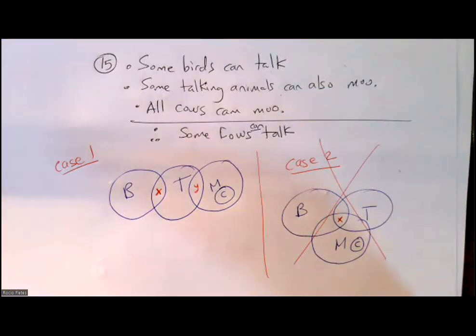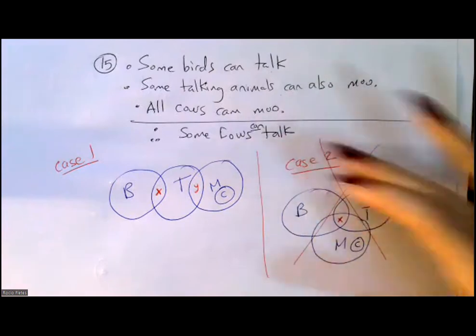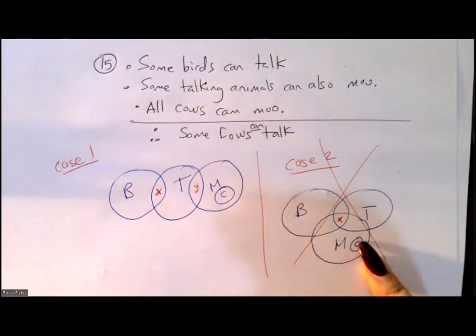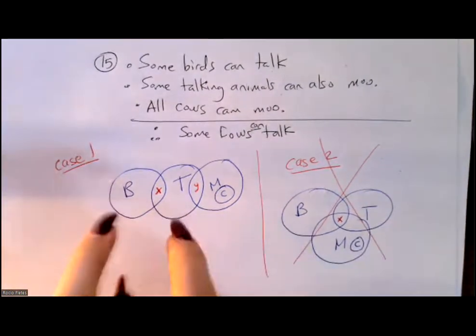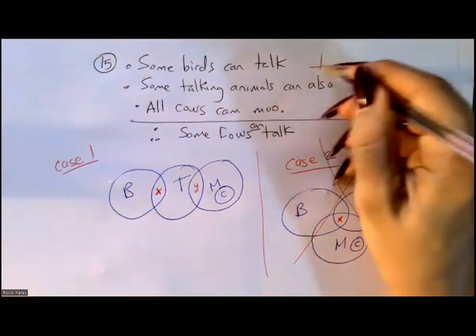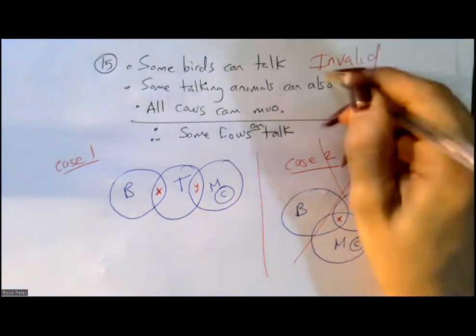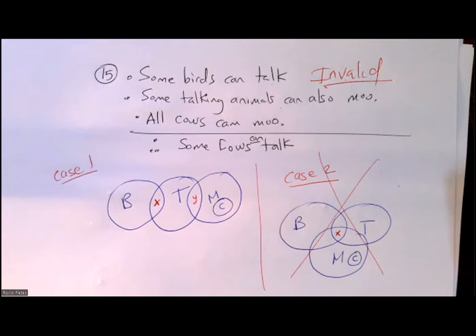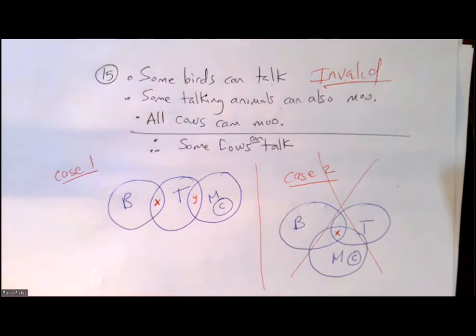I constructed the case, but by analyzing the premises, I concluded that I can't build this case, but this one I can build. Based on this case, the conclusion is not valid, and so this argument is not valid. So we're going to say invalid, right? Okay, so that is number 15.